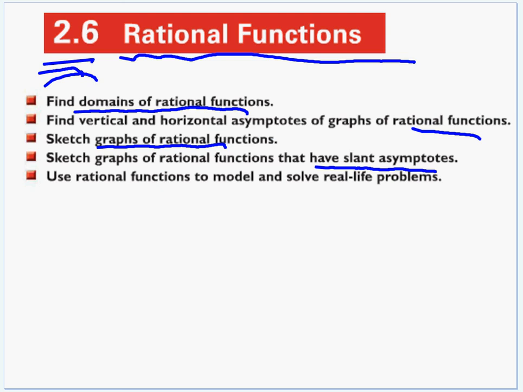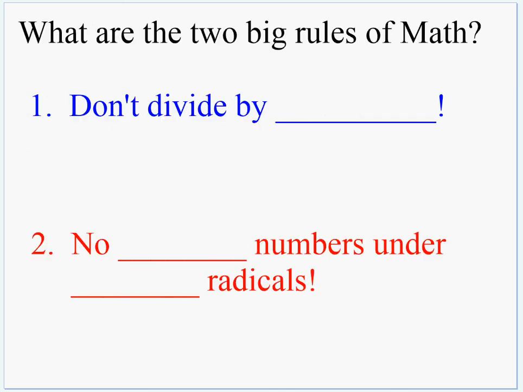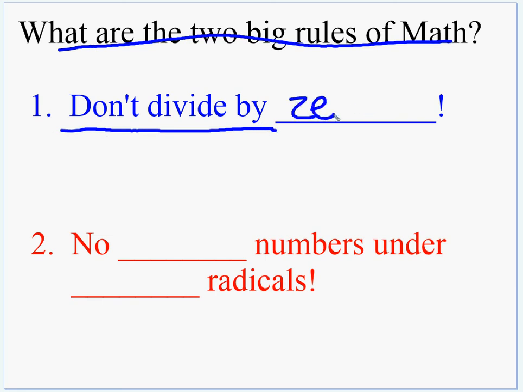Now, before we dive into the material, here's a couple of warm-up questions. Two big rules of math. We don't divide by something, and that would, of course, be 0. Never divide by 0. And also no blank numbers under blank radicals.